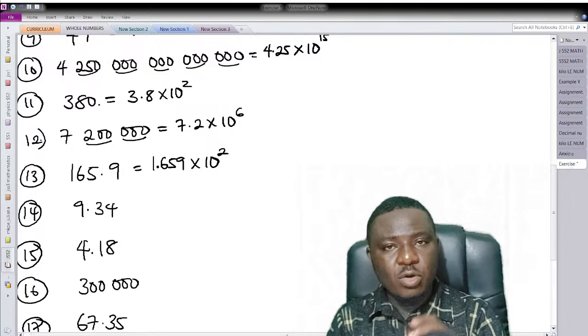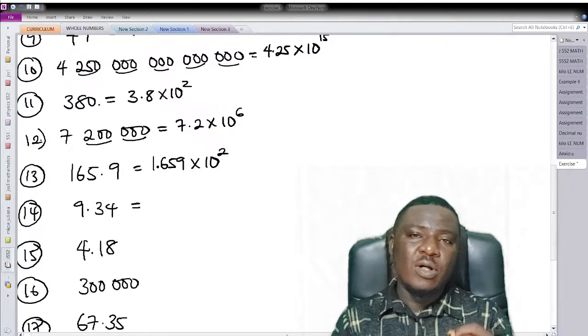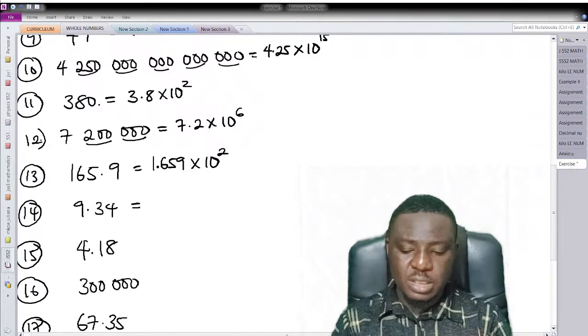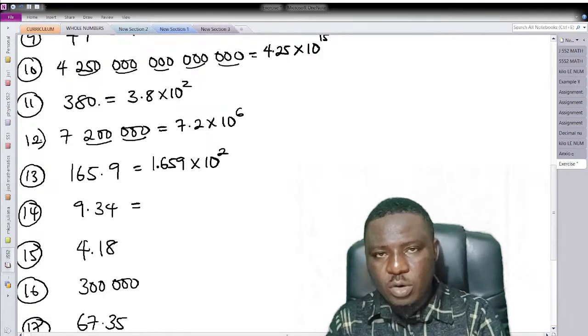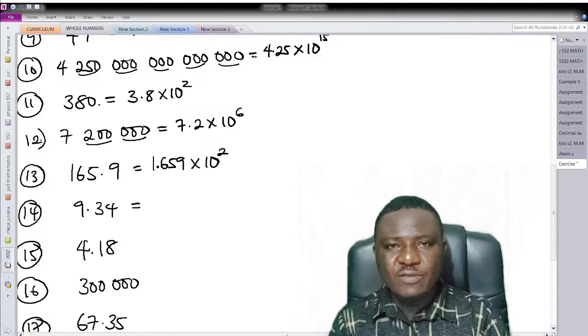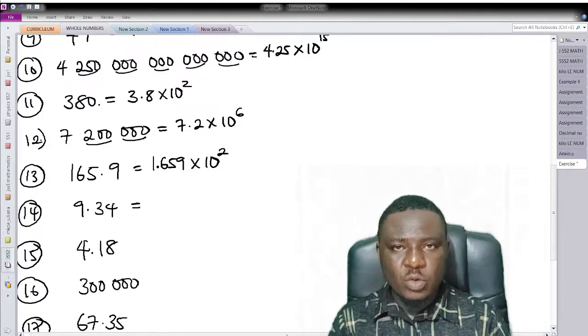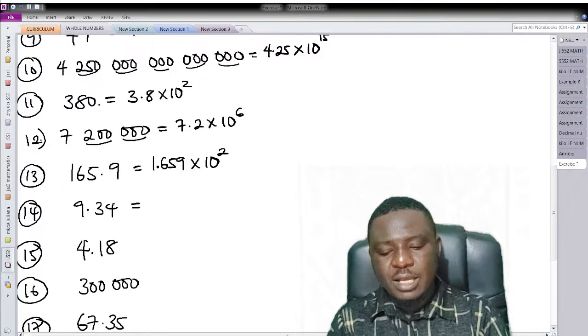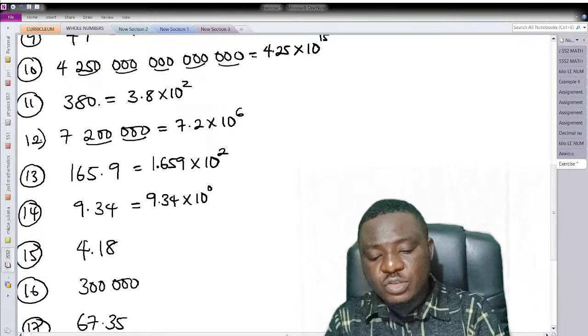While question number 14 is equal to, now 9.34 is already a number that falls between 1 and 10. So moving it forward, it gives you a number less than 10. Or moving it backward, it gives you a number greater than 10. So what you do in this case is to write it as 9.34 times 10 raised to the power of 0.